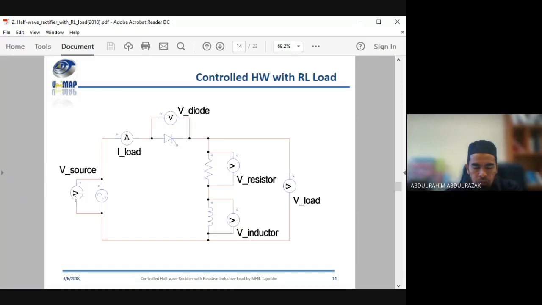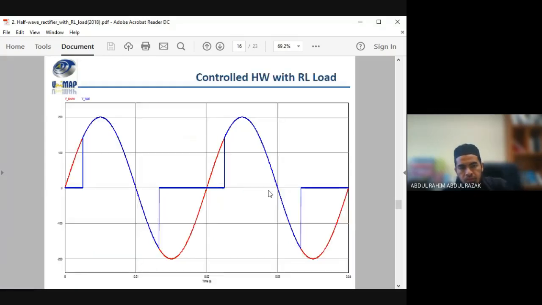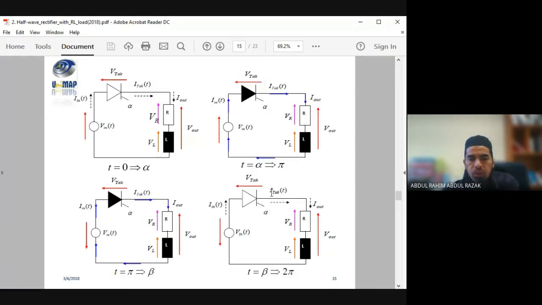So the same, we probe the voltage across the source terminal, the load terminal, resistive, inductive, and diode. Now the analysis will take place from 0 to alpha, then alpha to pi, then pi to the extinction angle, and the extinction angle to the full cycle of 2 pi.